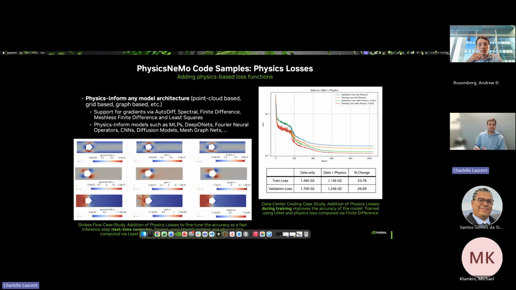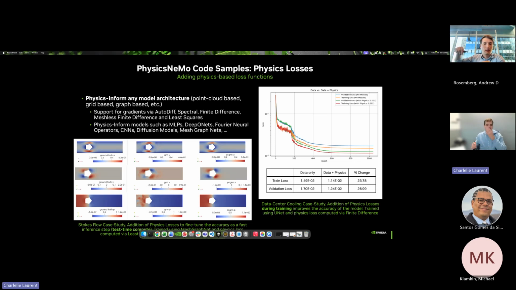You just take your PDE, in that case the simplified version of Navier-Stokes, the Stokes equation. You have your PDE, which would be like du over dt is equal to something, and you just put everything on the left-hand side. You take the MSE of this, and that's the physics-informed loss. So it's really just the residual of the PDE. And then you use AutoDiff to get that for the model, right?